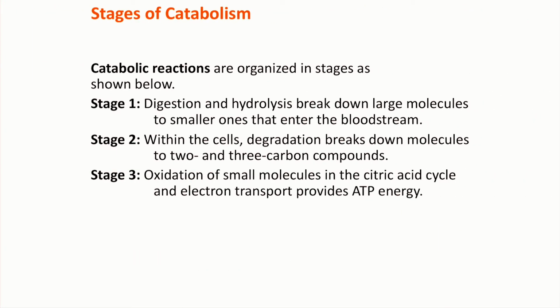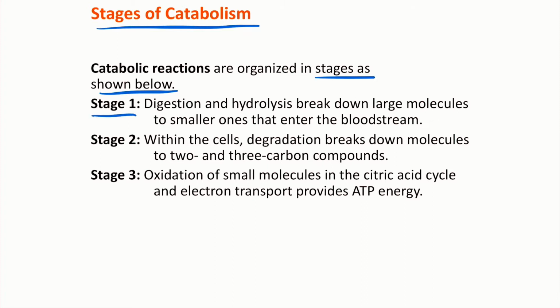Now let's start with the stages of catabolism. Before we start, remember the two processes. Catabolism is where we're trying to break up the molecules that are large and produce energy and make it smaller. There are three stages that catabolism works in.